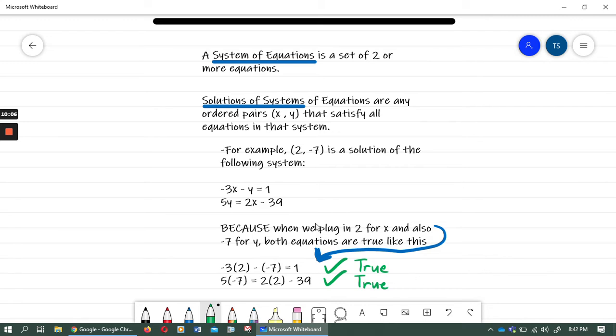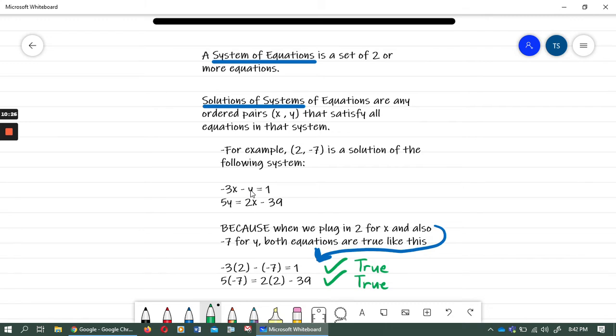So again, guys, a system is a set of two or more equations. The solution for any system of equations is an ordered pair that satisfies all of the equations in that system.